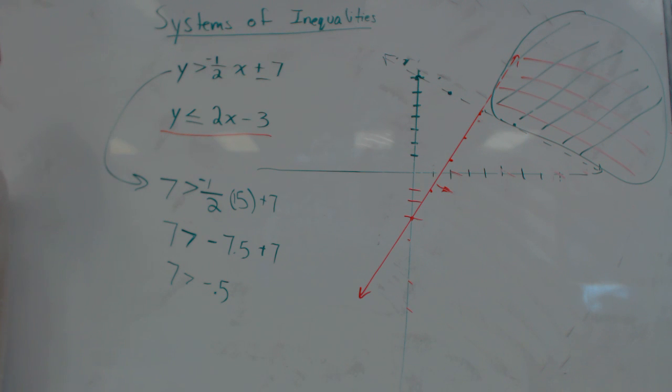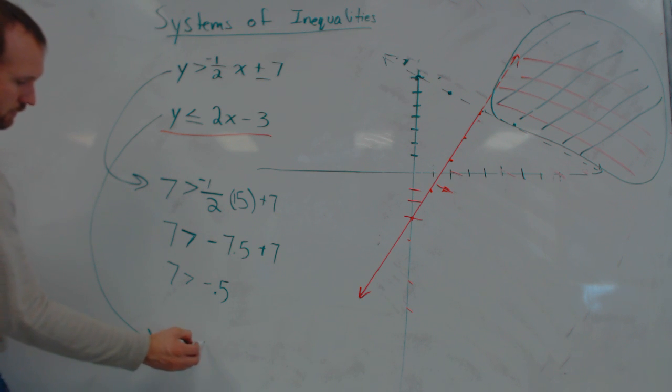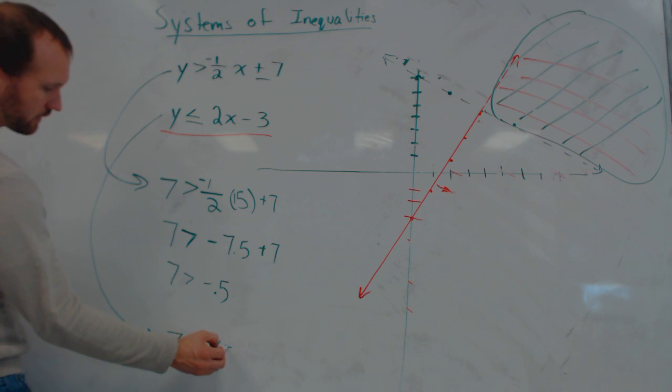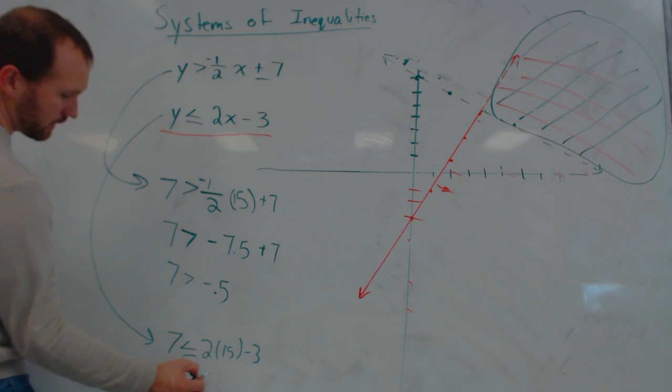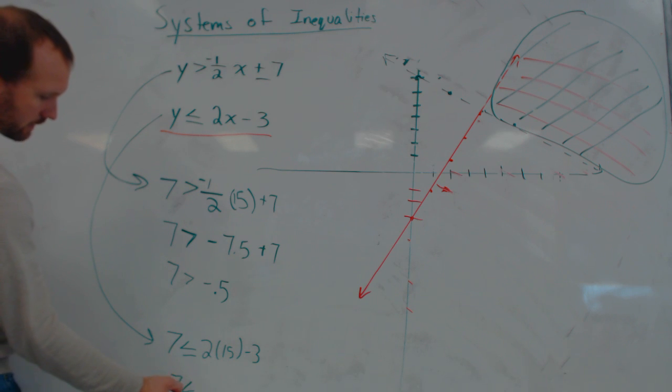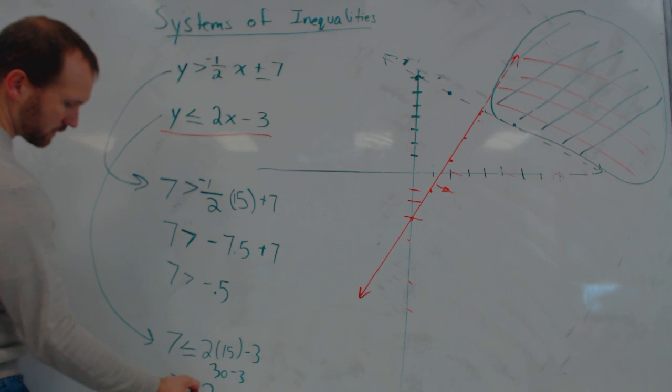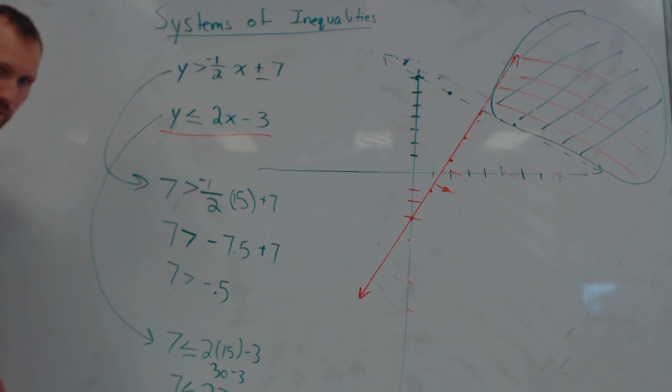That's true. I plug that same point in here: 7 is less than or equal to 2 times 15 minus 3. So 7 is less than or equal to 30 minus 3, which is 27. And that's also true.